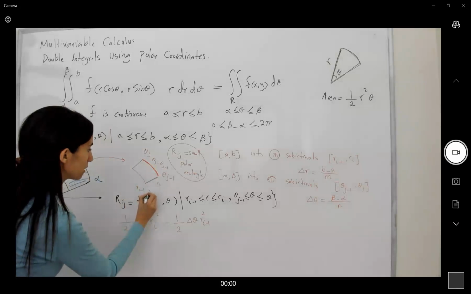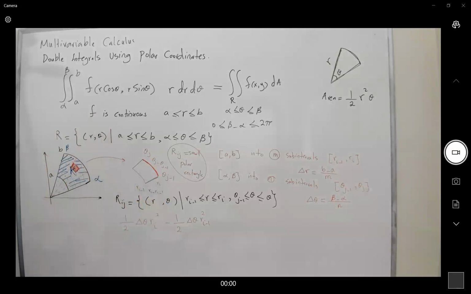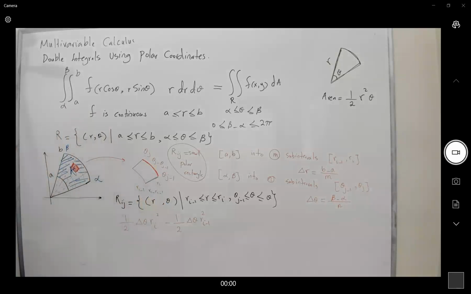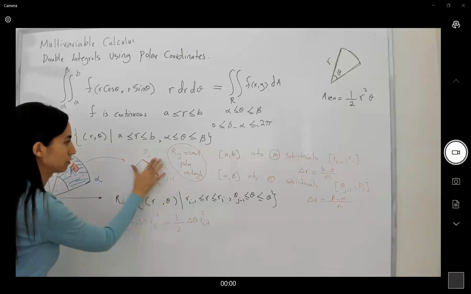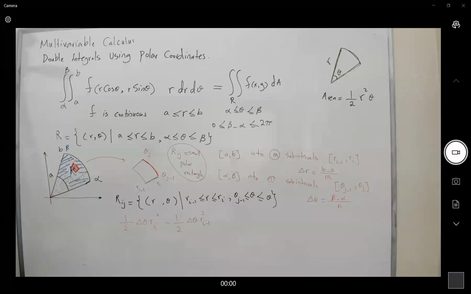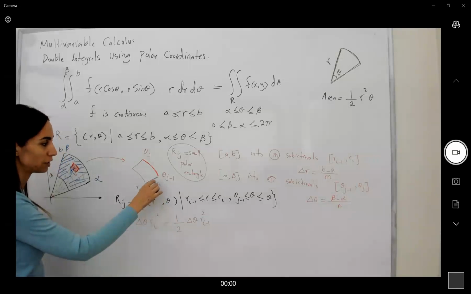So why are we writing it this way, not just taking the delta between these two?